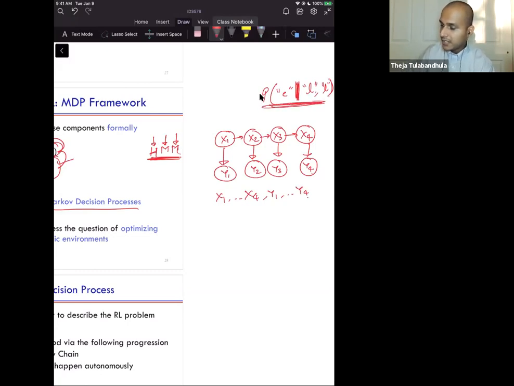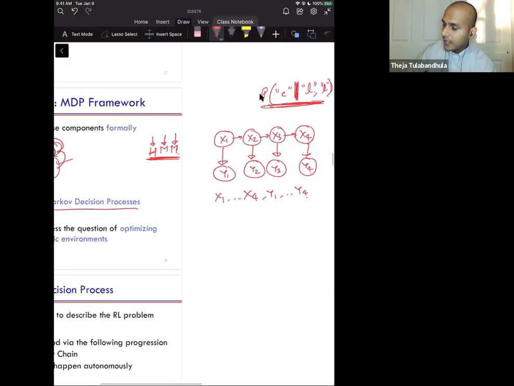But anyway, coming back to HMMs, the Markov modeling just means that the probability of, let's say, x3, pick a random variable x3, given that I have seen x2 and x1, is equal to the probability of x3 given x2.